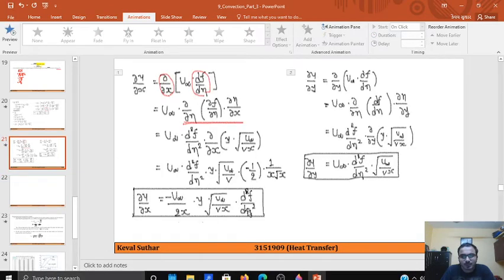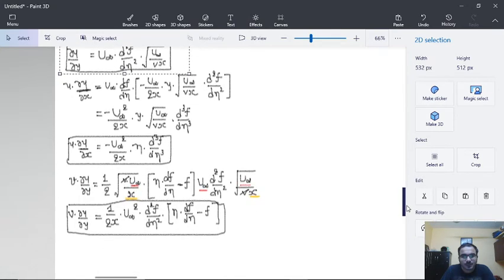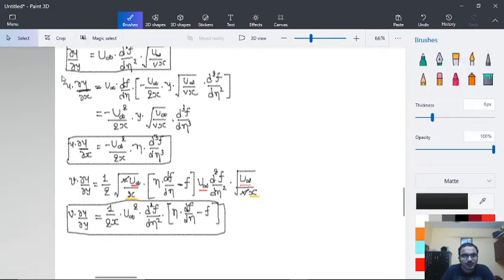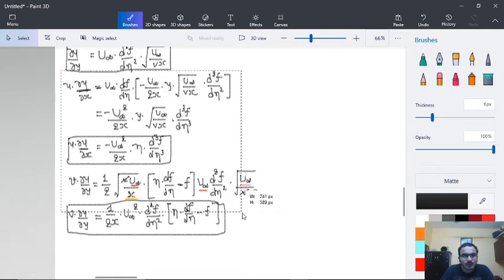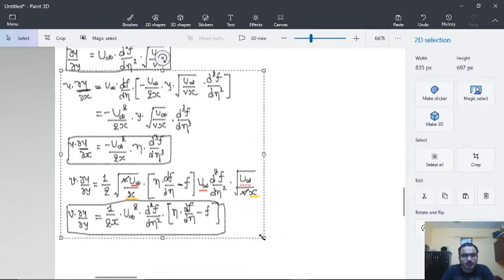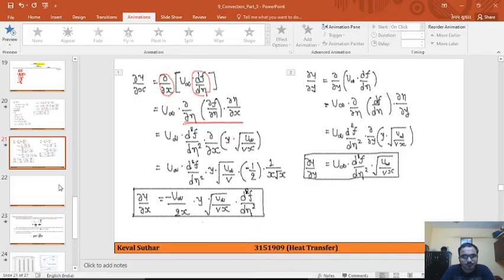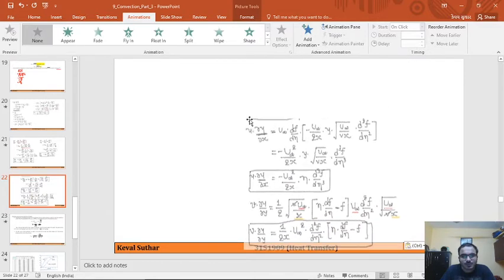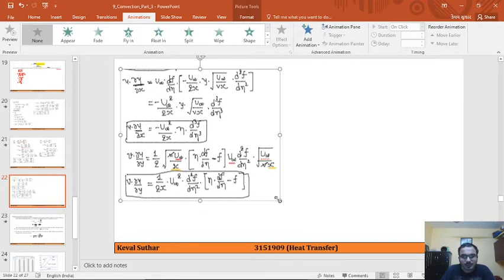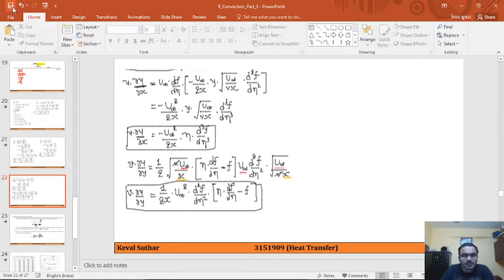So we have obtained up to del u upon del x and del u upon del y, and then we have calculated these two values that we have kept over here. So let's save this first.